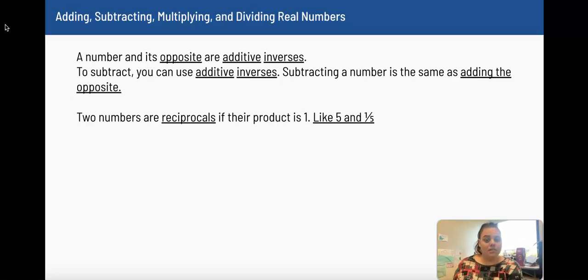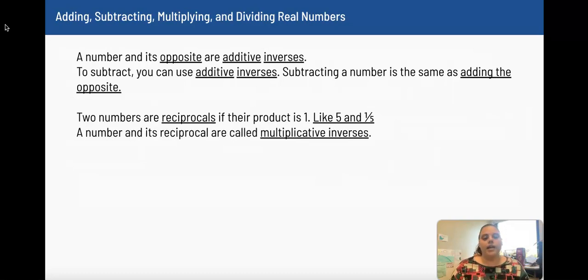Going to the top of the second page of notes, two numbers are reciprocals if their product is 1. So we multiply and they get 1. Like if I take 5 and multiply by 1/5, my answer is 1. So they are reciprocals. A number and its reciprocal are called multiplicative inverses.